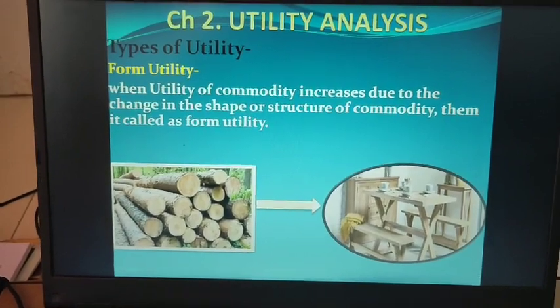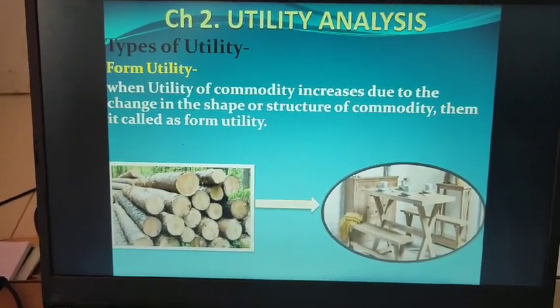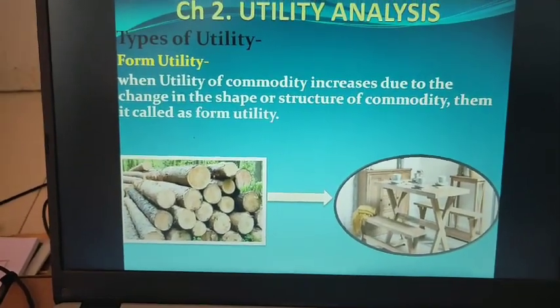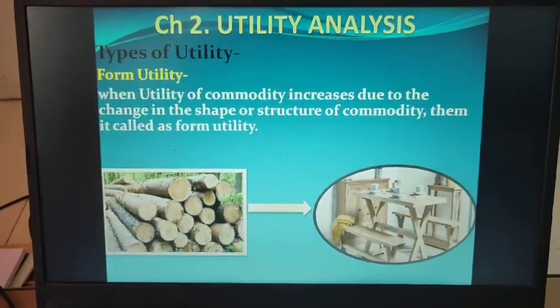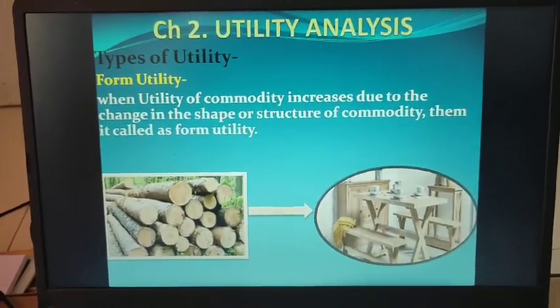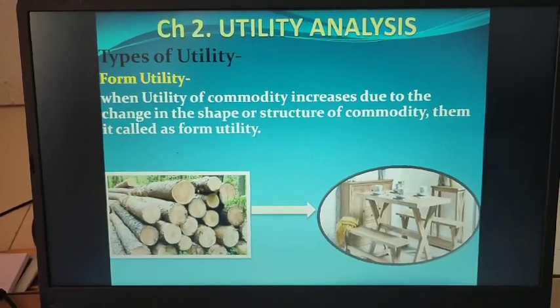What I've done, I have changed its structure, I have given it a different form, so that I can use it to satisfy my needs, right? This is the first type of utility, form utility.